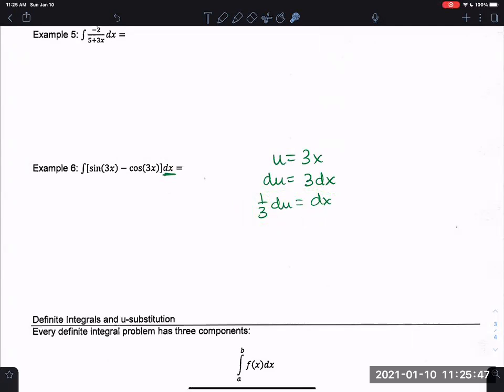So when I go to rewrite this, sine of u minus cosine of u du with my 1/3 out front. So what's the antiderivative of sine? Negative cosine. And then the antiderivative of cosine u is sine u.